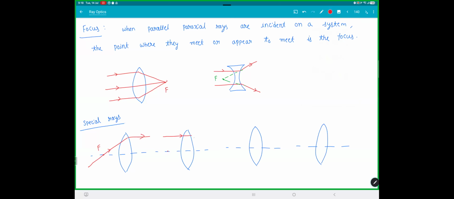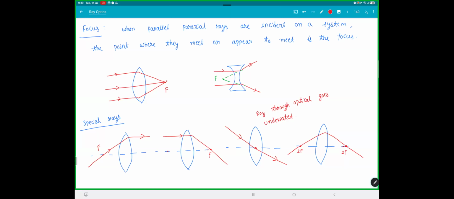If you send a light ray through the optical center, it goes undeviated. If you send a light ray through 2F, it will pass through 2F on the other side. There is no concept of center for a lens, but 2F kind of takes that role. So these are the 4 light rays.